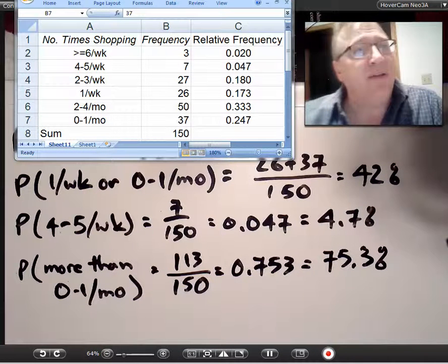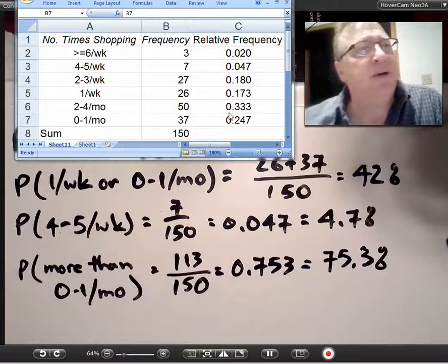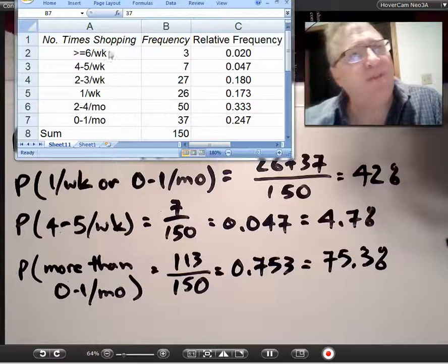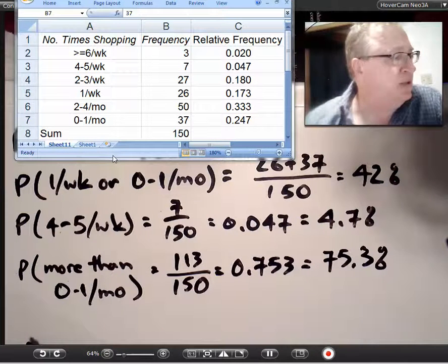Now there's another way to do this. When we're looking at these endpoints, or one value versus all the rest, we can do a slight trick.